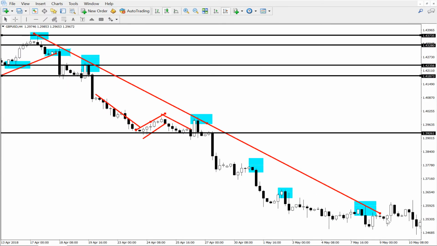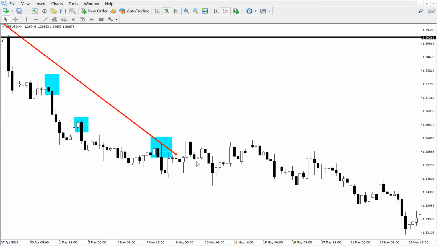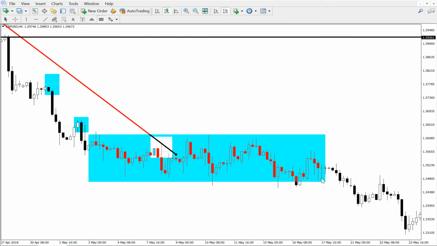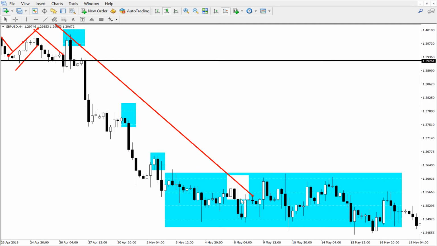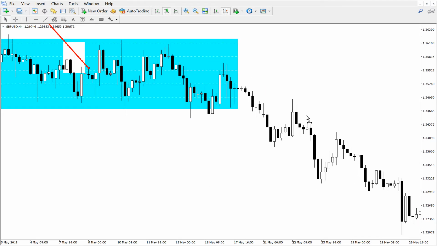From here to here the market is in a downtrend, but if we look at these candles, they are a sideways market, a very noisy market, so we should avoid it. If we entered this position, we should exit here or here, because the market is in sideways mode.